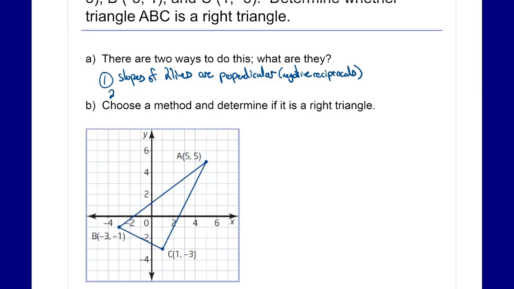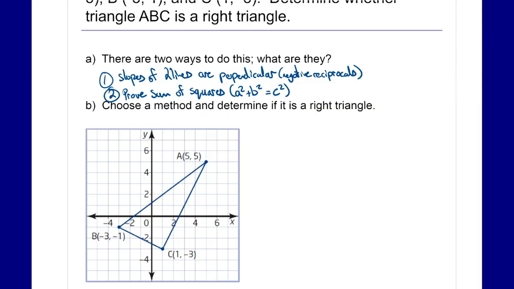The other thing we could look for, if we're dealing with a right-angled triangle, is we could check or prove the sum of squares, or the Pythagorean theorem, which says that if we square one side and add it to the square of the other, it's going to equal the square of the hypotenuse. So I could use either one.